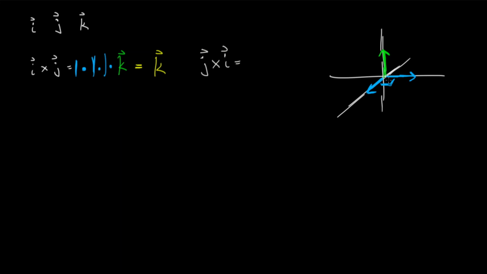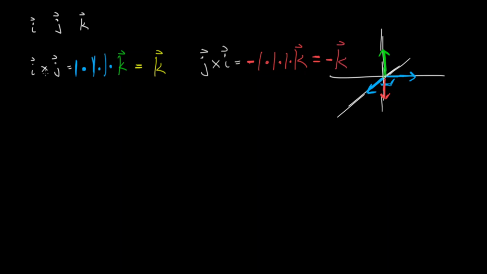So we are going to get a vector in the negative k direction, the negative z axis, right? But similarly, we still have a 1 times 1 times the sine of the angle between them, which is still 90, so we have 1. So j cross i isn't k, it's negative k.